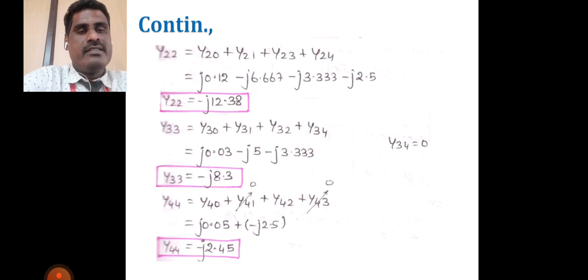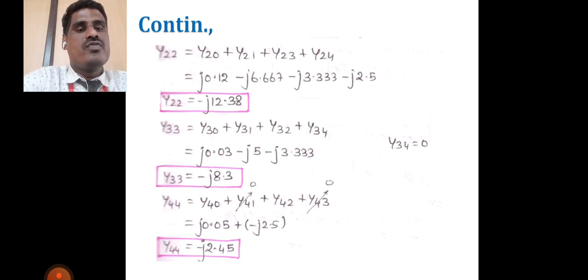Each line is connected differently with various lines, so each time we calculate the individual diagonal element from all the lines connected to that bus. So y22 means y20, y21, y23 and y24.